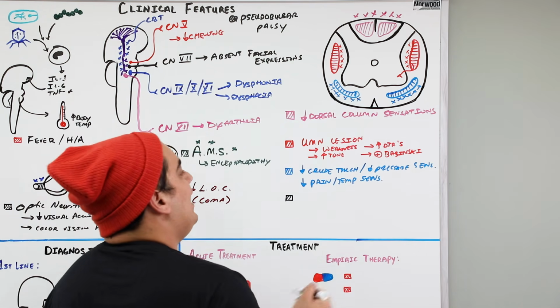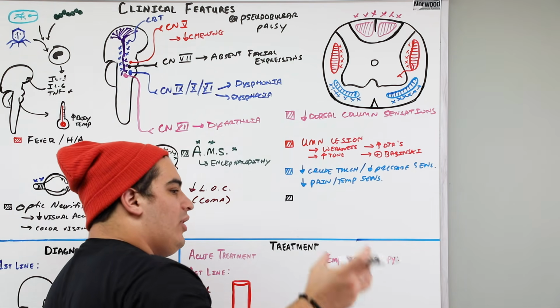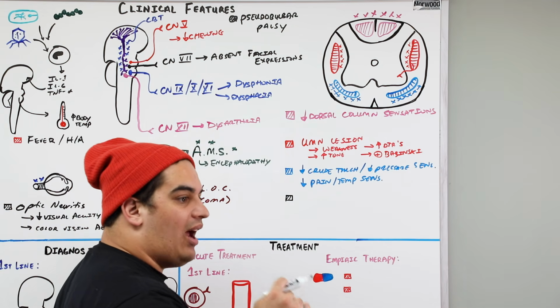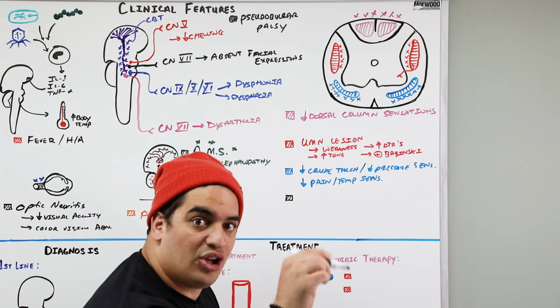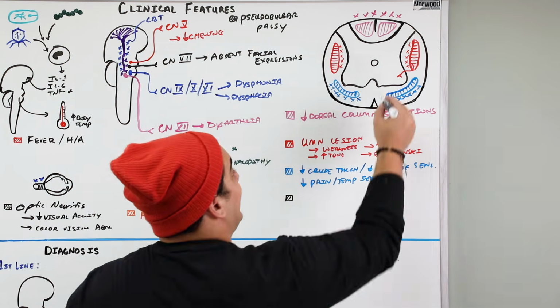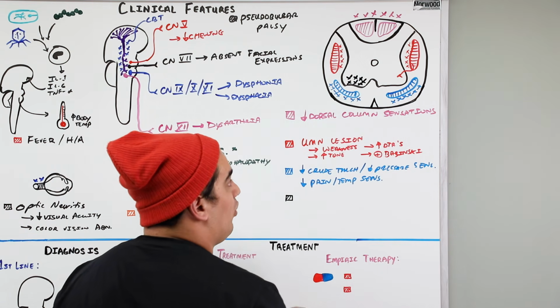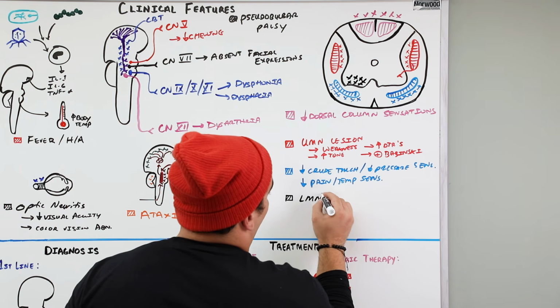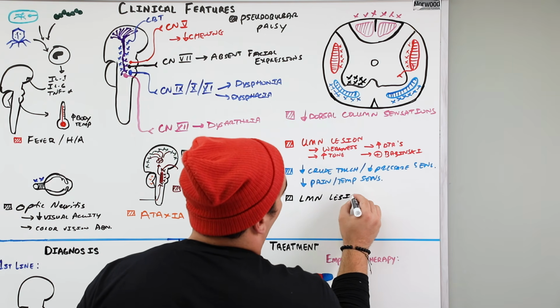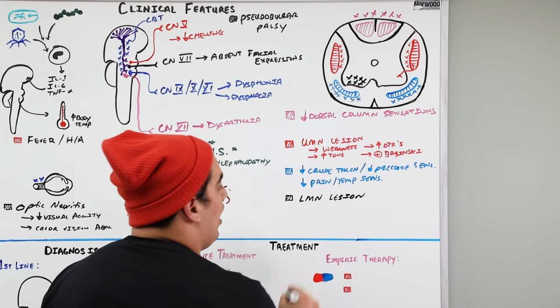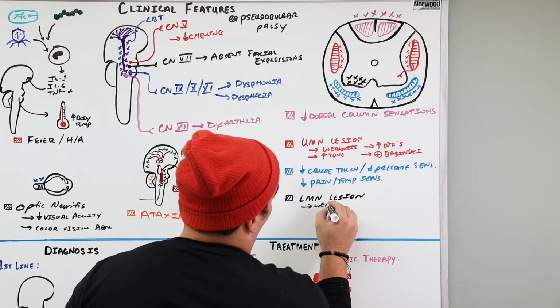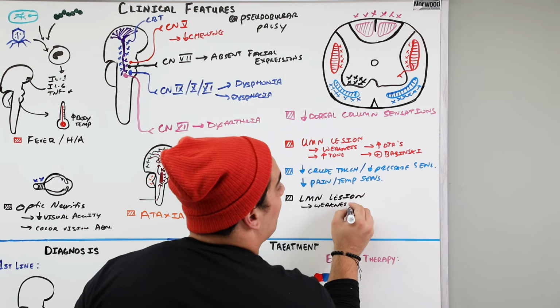All right, what else? In certain scenarios, remember I told you that not only can it demyelinate the axons, but there also is the ability for it to damage the gray matter, some of the neuron. In some cases, it may even injure the anterior gray horn. And if it injures the anterior gray horn, it may present with a lower motor neuron lesion as well. And so this can also present with weakness, but this weakness tends to be more flaccid.